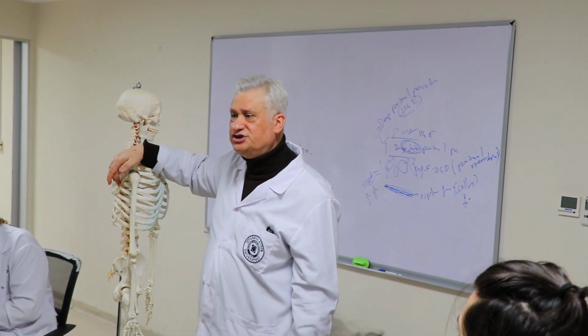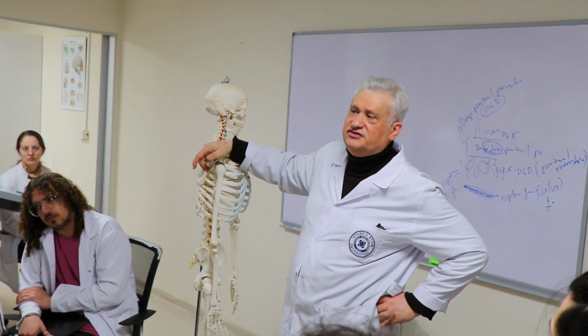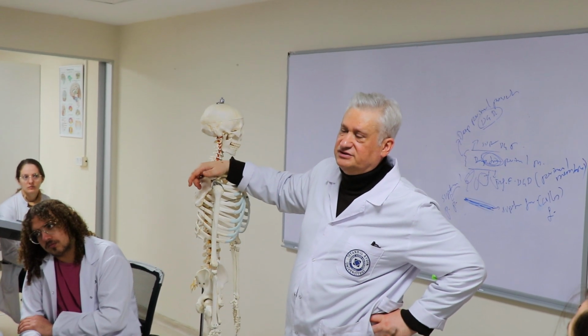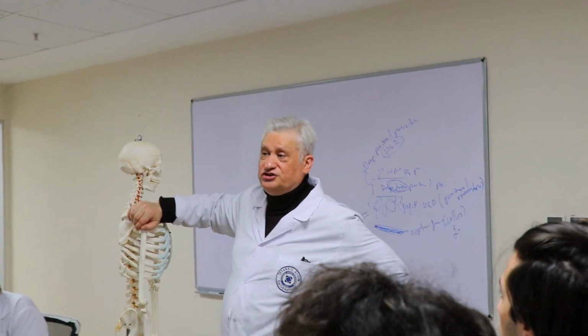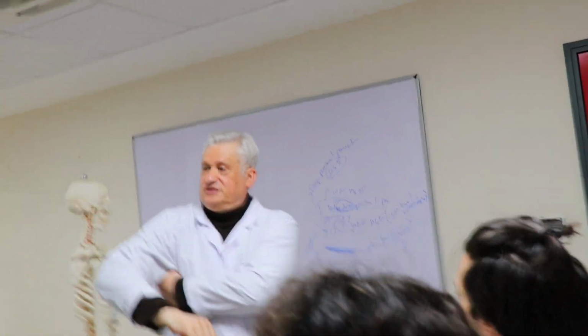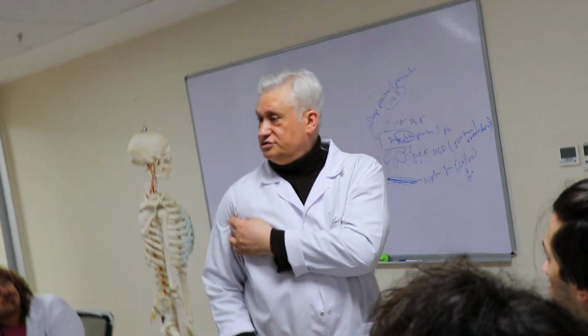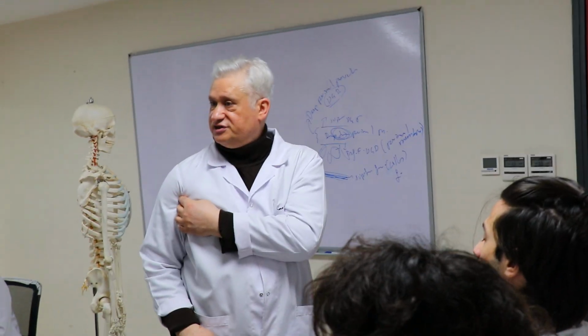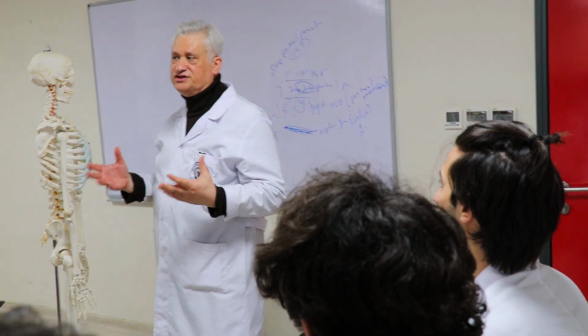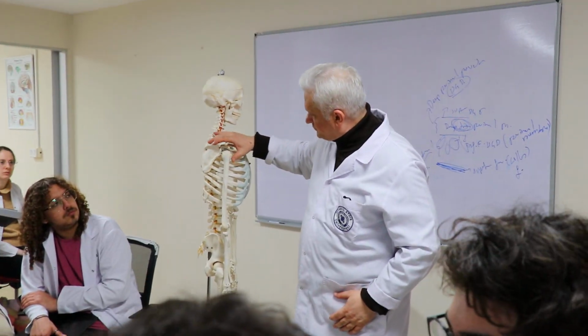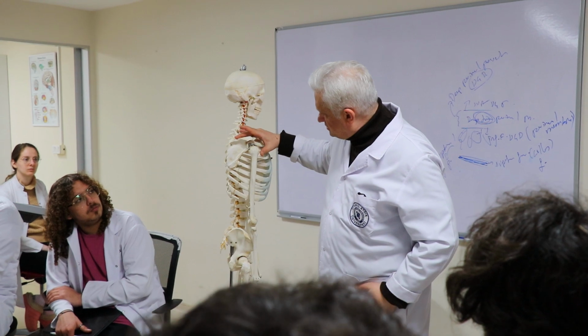So why isn't teres major included in the rotator cuff muscles? It does not cover the shoulder joint. That's why. It goes like this and attaches to the lesser tubercle at the front, so it has nothing to do with the shoulder joint. That's that.